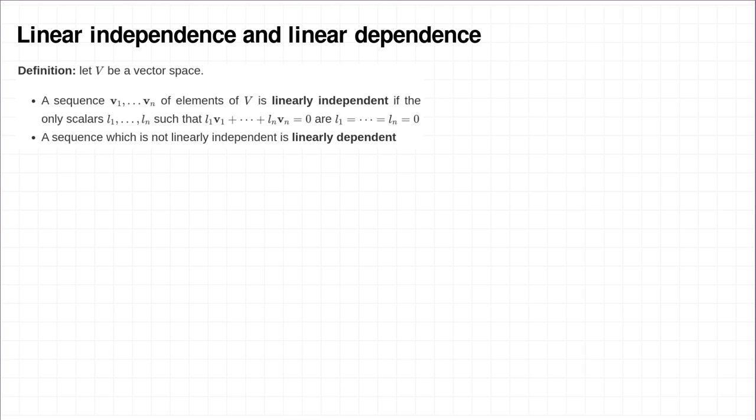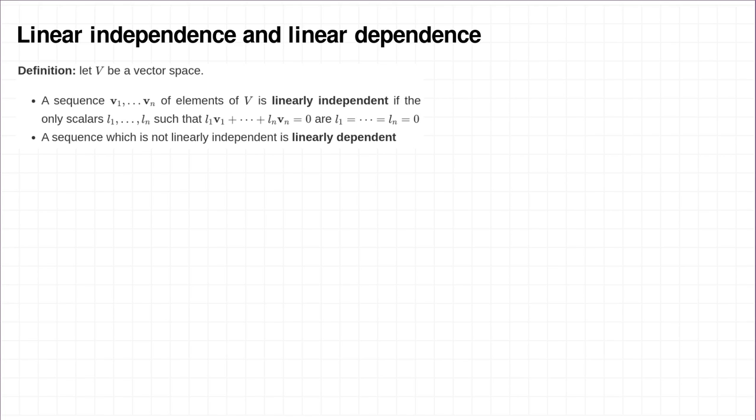Sequences have an order, right? A sequence of elements comes in a particular fixed order, and you're allowed to have repeated elements in a sequence of vectors. So this is different to a set of elements. It's important to remember that linear independence is a property of sequences and not sets of vectors.